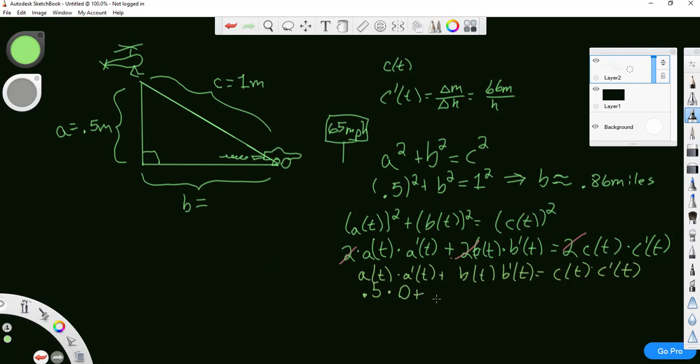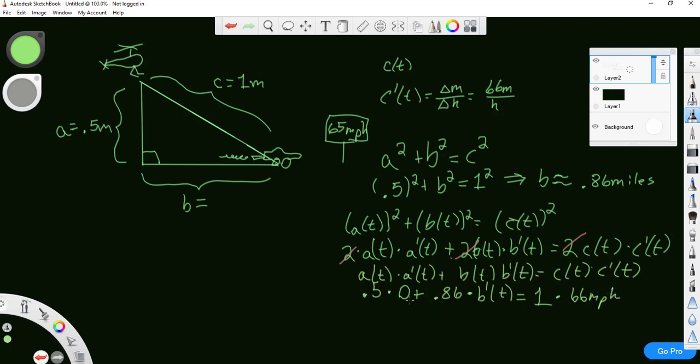Plus, well, B was 0.86, which is what we found up here, times, well, we don't know how fast we were going horizontally, so we're going to leave that B prime of t. Equals, well, C, that was 1, times C prime of t, we know what that is. He said that we were going about 66 miles per hour.